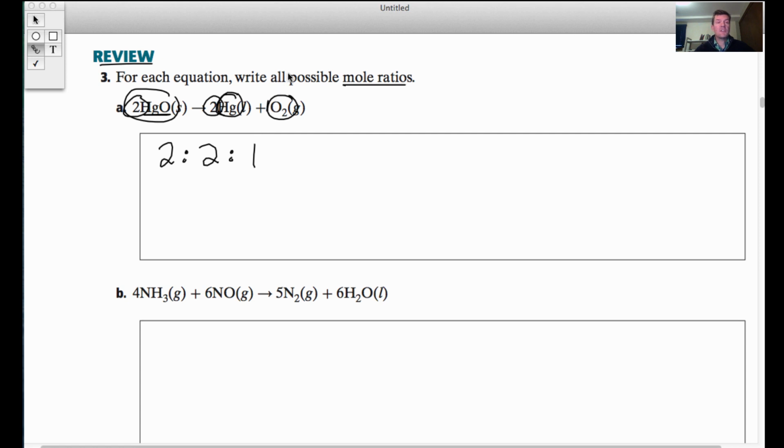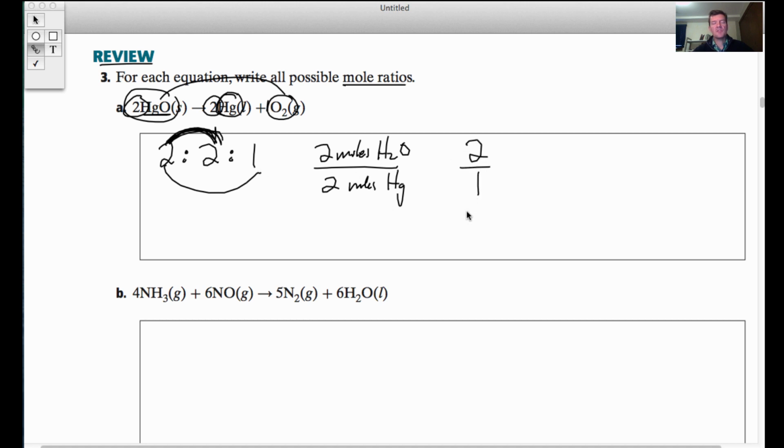So if you need to convert from one to the other, you might have to use this 2 to 2 ratio. You might say 2 moles of mercury oxide to every 2 moles of mercury. That's one possible ratio you might have to use. This ratio right here, 2 to 2. Or if you want to go between mercury oxide and oxygen, that's a 2 to 1 ratio. That's another ratio you might have to use.